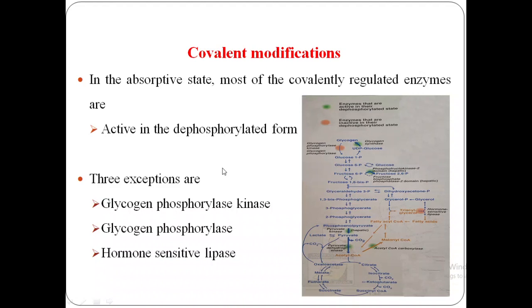However, there are 3 exceptions in which the enzymes are active in their phosphorylated form, or you can say they are inactive in their dephosphorylated form, and they include glycogen phosphorylase kinase, glycogen phosphorylase, and hormone sensitive lipase.